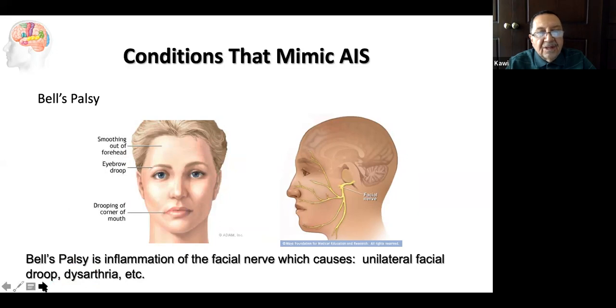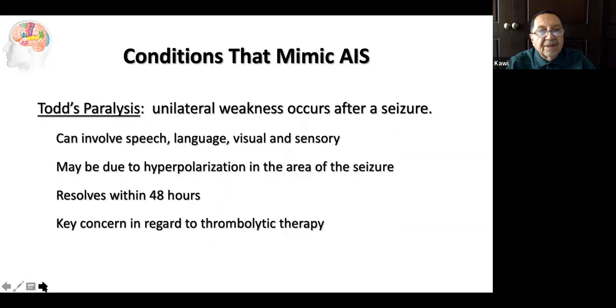So the differential is that the face is involved in the upper and lower part. Todd's paralysis is a condition that happens after a focal convulsion, and it is related to exhaustion of the neurons over there, and it can involve speech, it can involve weakness on one side.